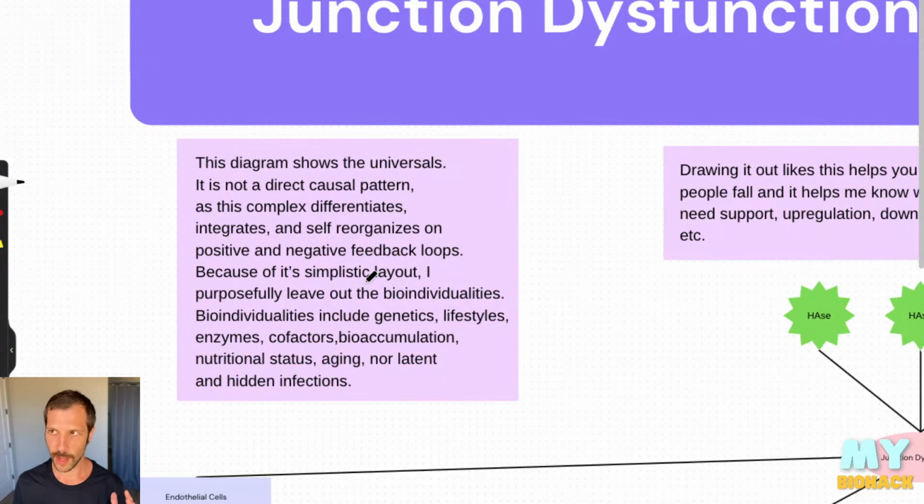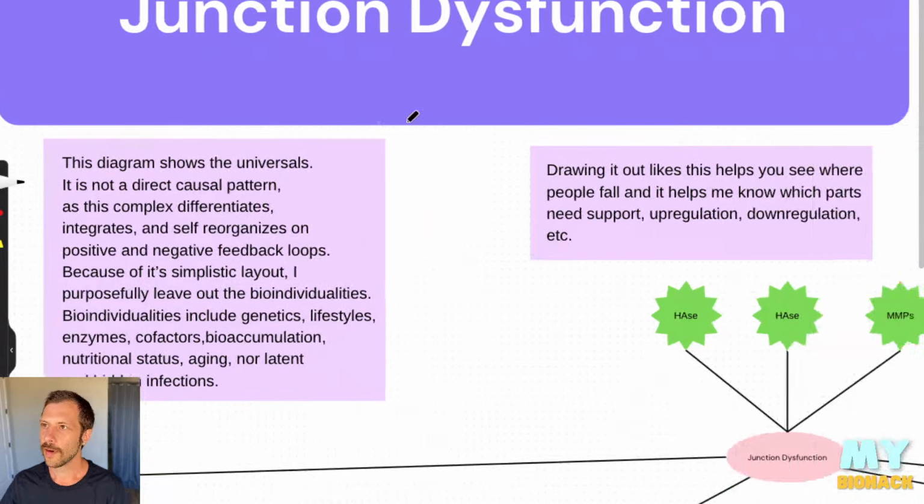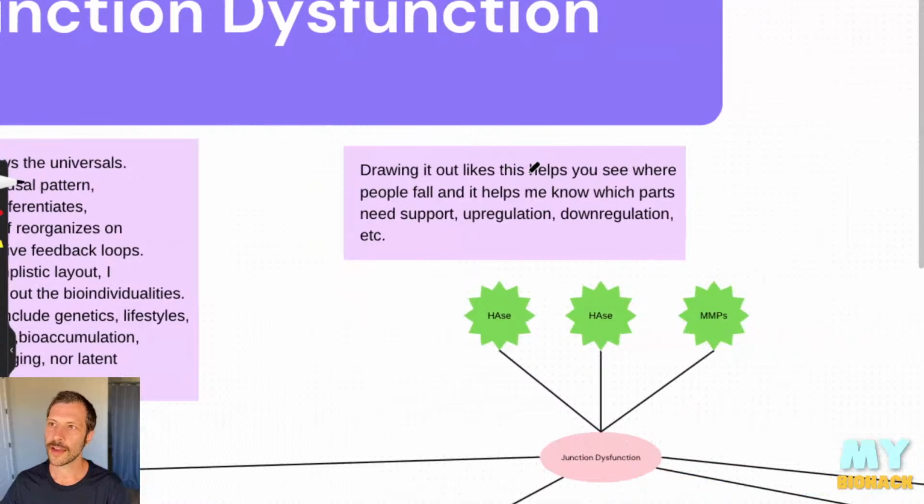Those are all bioindividualities, okay? So this is all a complexification system. It self-reorganizes, and we're going to look at the universals and not so much the bioindividualities. All right, so I'm drawing it out so it can help you see where people fall, and it can help me know when I work with my clients which parts need support, upregulation, downregulation, whatever, okay?